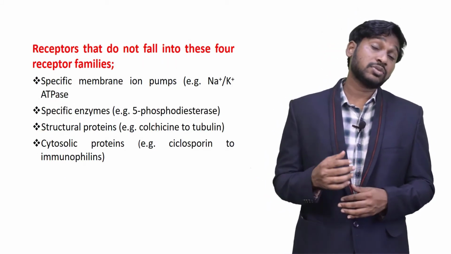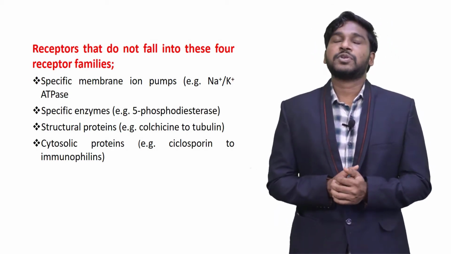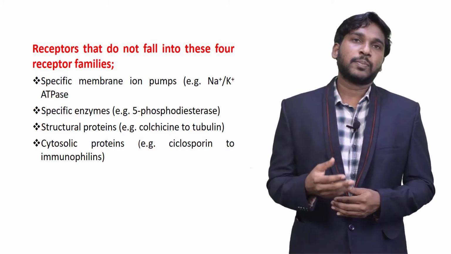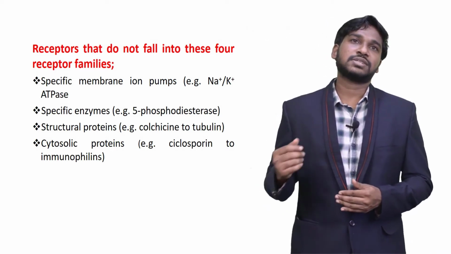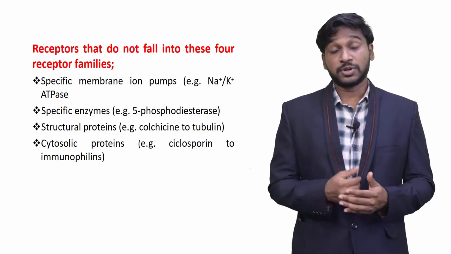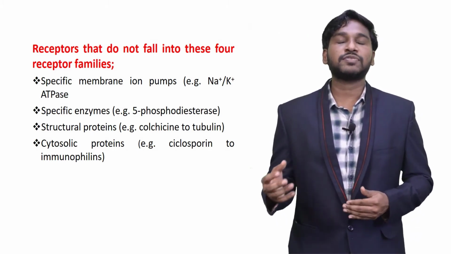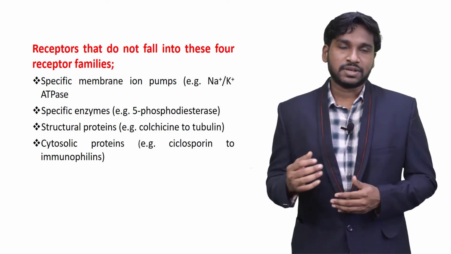Targets that do not fall in these families include specific ion pumps. You might have studied in cell biology the sodium-potassium ATPase enzyme pumps, for example the phosphodiesterase, and structural proteins such as tubulin, and cytosolic proteins such as cyclosporine's immunophilins. These are the examples.